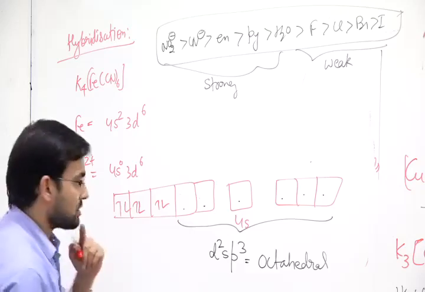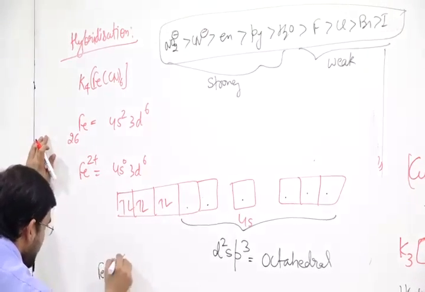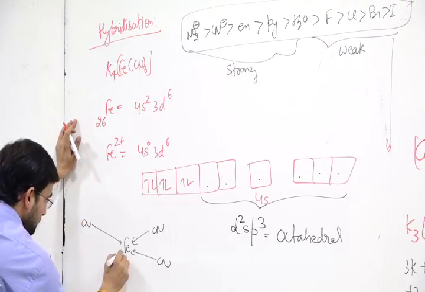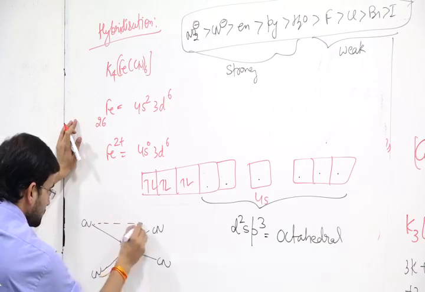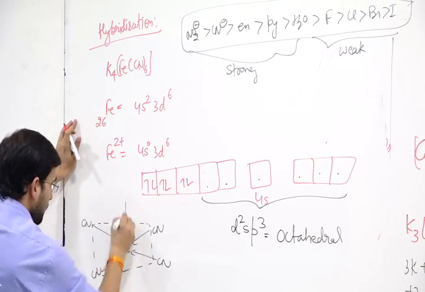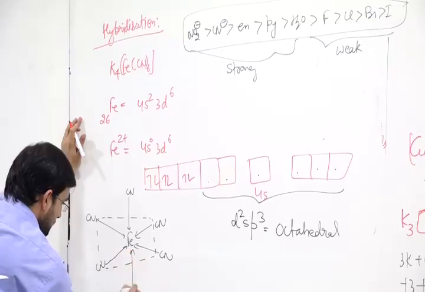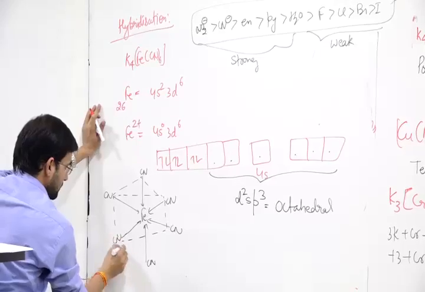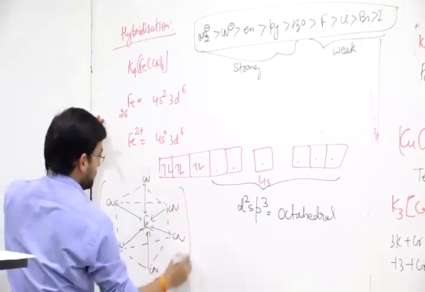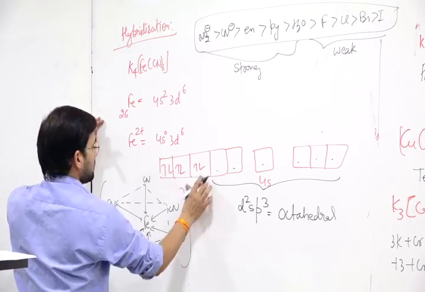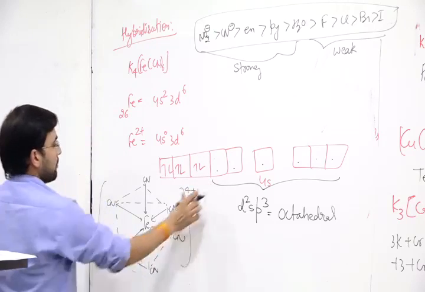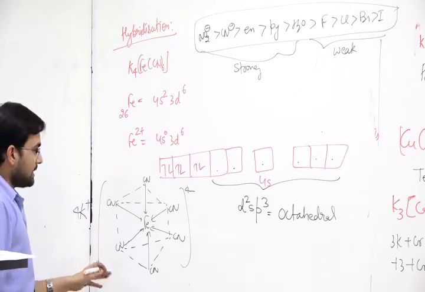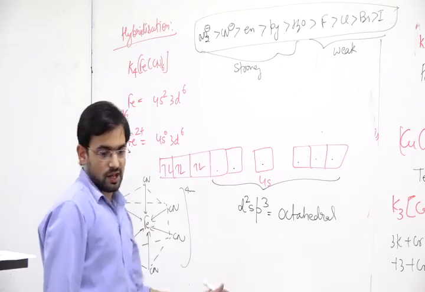And if you want to draw it, Fe with CN, CN, CN, CN, CN, CN, and the charge is 4 minus, and K plus 4. Understand? d2sp3. That's how we find hybridization.